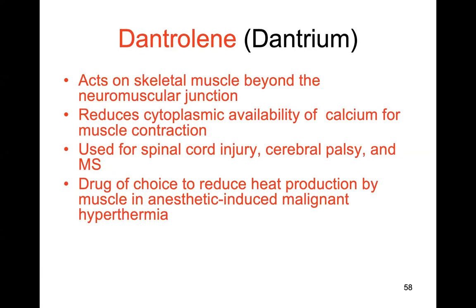So we use dantrolene frequently when we have indications of malignant hyperthermia. Some of the antipsychotics you will prescribe can produce malignant hyperthermia, so we have to be aware of that, and we may use dantrolene to treat it.